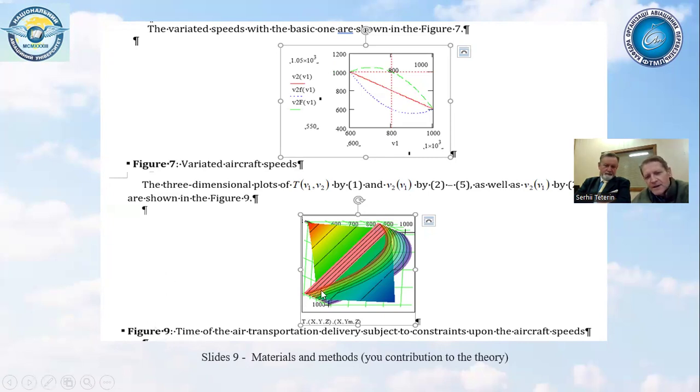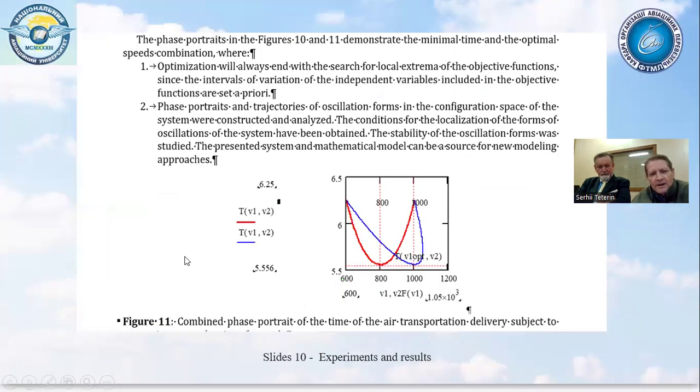So figure 9 shows this extremum point, minimal time, and figure 11 also shows that as the phase portrait. The red line is time with respect to the first independent variable, and the blue line shows this extremum distribution between speeds, 800 knots and 1000 knots, or kilometers an hour. That depends, of course, on the aircraft type and on many other conditions.